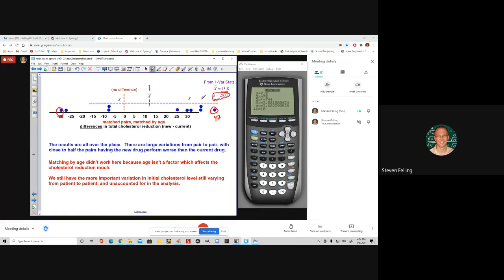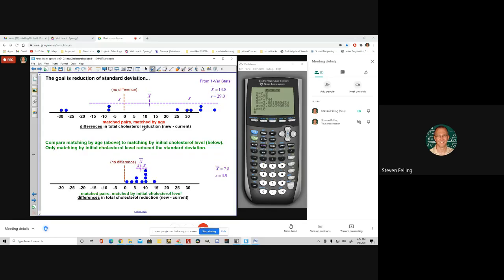And because we didn't subtract out the variation in initial cholesterol, that more important variation is still left in the data. The way you can tell whether you have done matching on the correct thing is if this standard deviation succeeds in dropping, right? So just comparing the two, when we did matching by age, the standard deviation wasn't reduced. So this didn't show something that's significant.